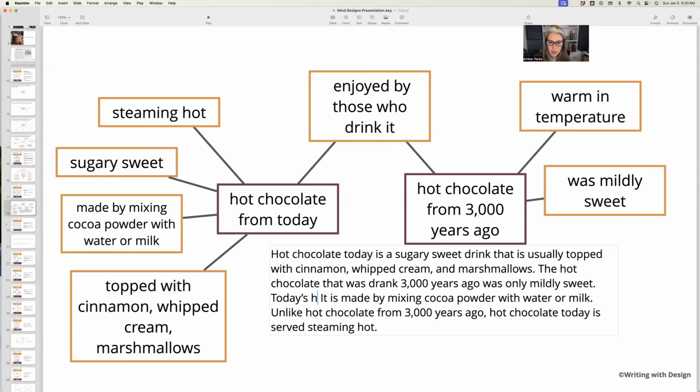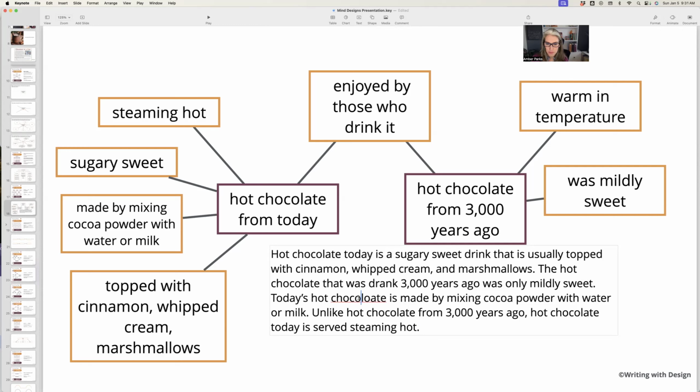Today's hot chocolate is made by mixing cocoa powder with water or milk. Unlike hot chocolate from 3,000 years ago, hot chocolate today is served steaming hot. There we go. I think that gets it.